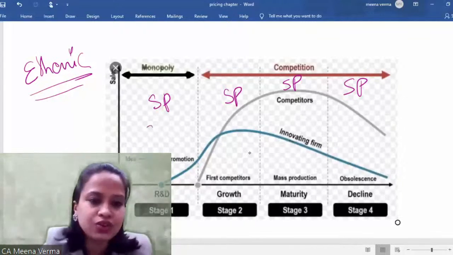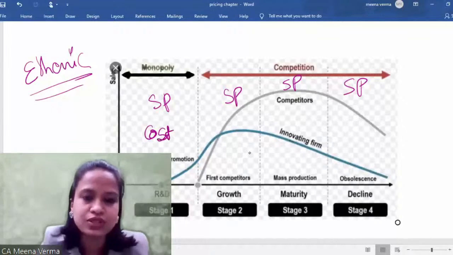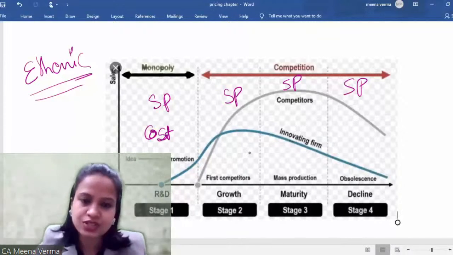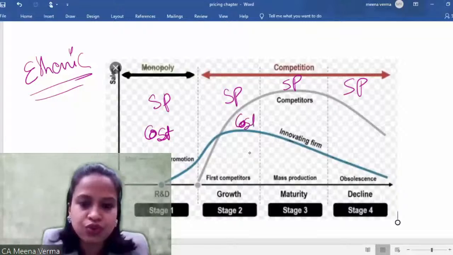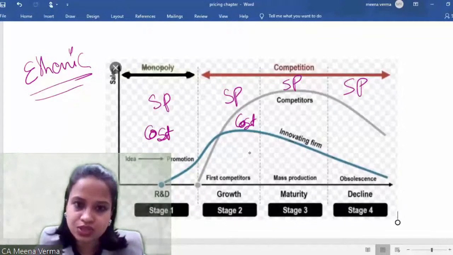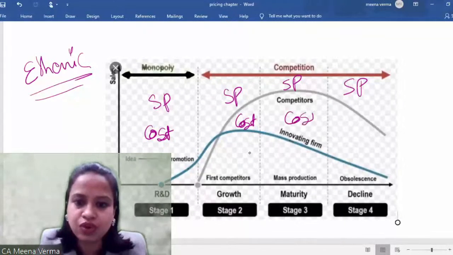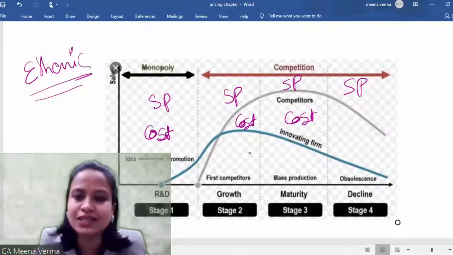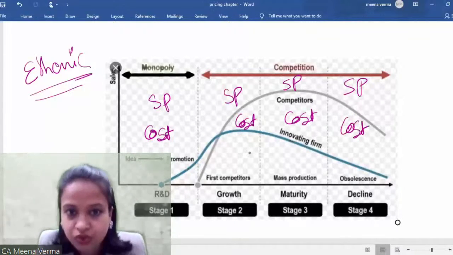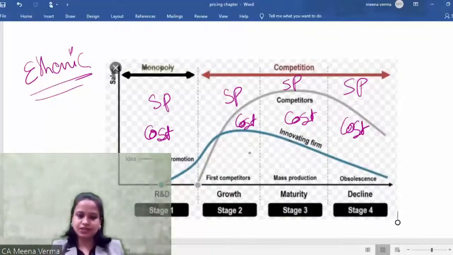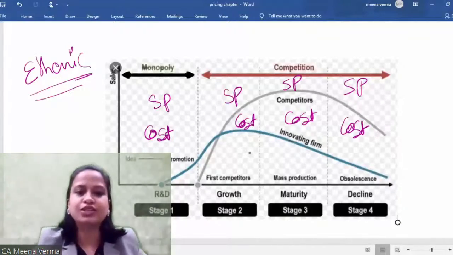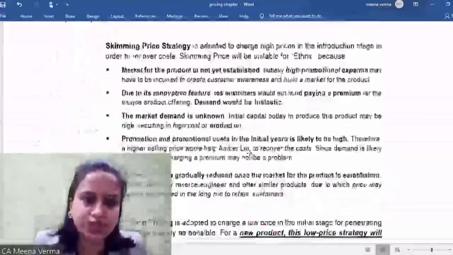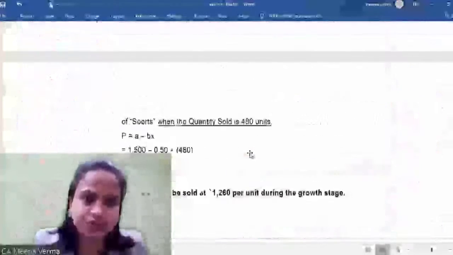Similarly, they're asking what cost you will follow for this product in the introduction stage, in the growth stage, in the maturity stage, and in the decline stage. This is the question they are asking in the last portion of the question. See, let us read it again.